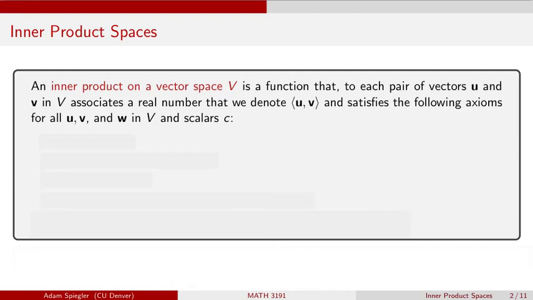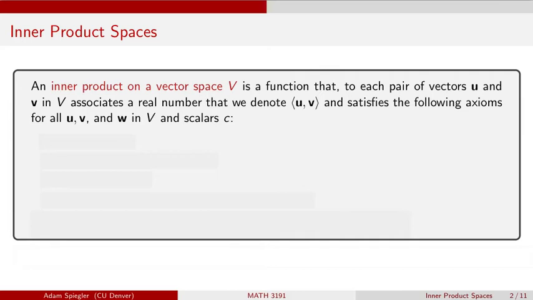And so this function, which takes as input two vectors from the vector space V and is going to assign them a real number, is going to be what we call an inner product as long as it satisfies the following axioms, where we're going to let u, v, and w denote arbitrary vectors in our vector space V, and c is denoting some arbitrary scalar.